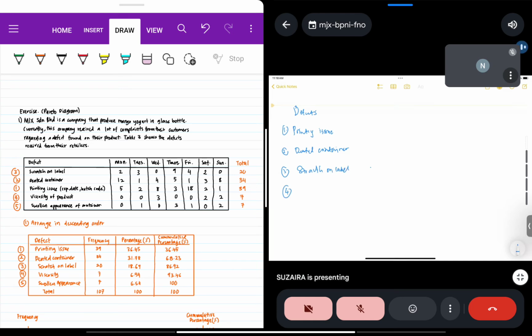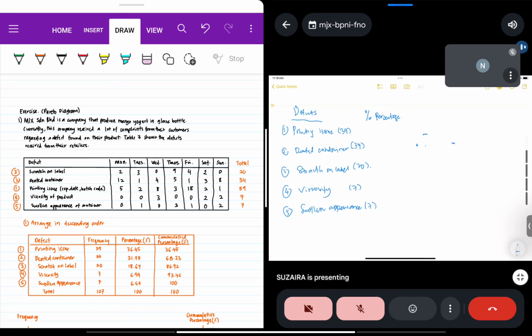Number four is viscosity. And number five is the swollen appearance. Okay, here is the percentage. And I'll just put it here: 39, 34, 27, and also 7.